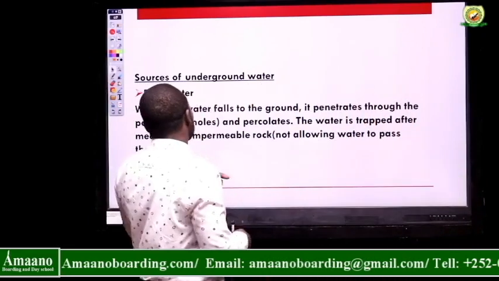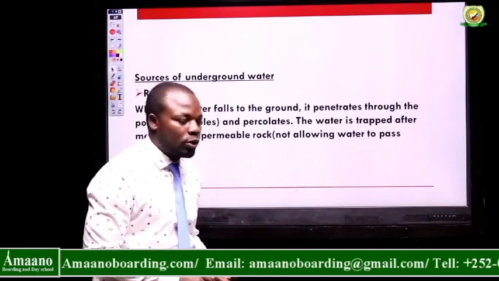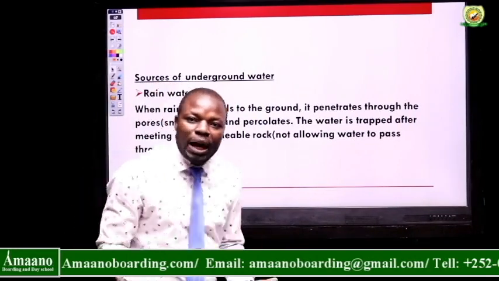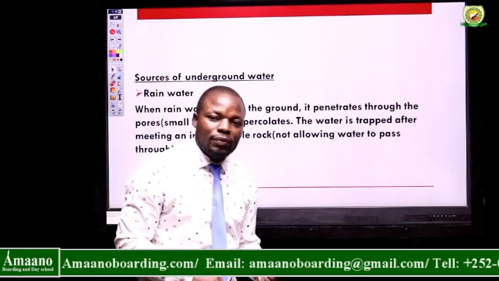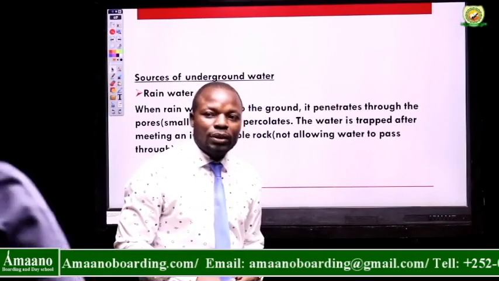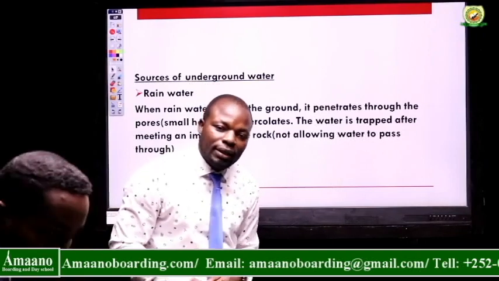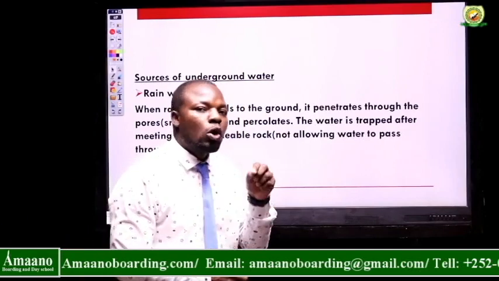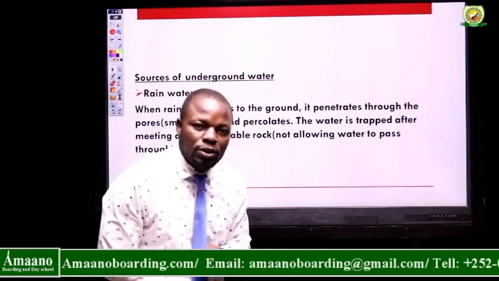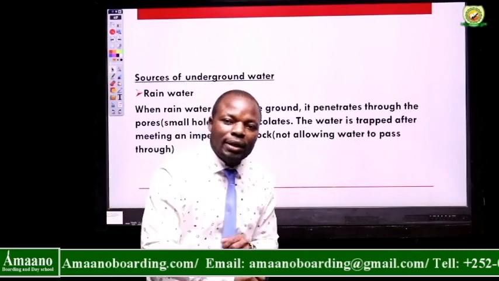Whenever there is rain, rain falls to the ground, and the water gets underground. How does the water get underground? It gets underground through those small holes that we call pores. Those small holes enable the water to get underground.